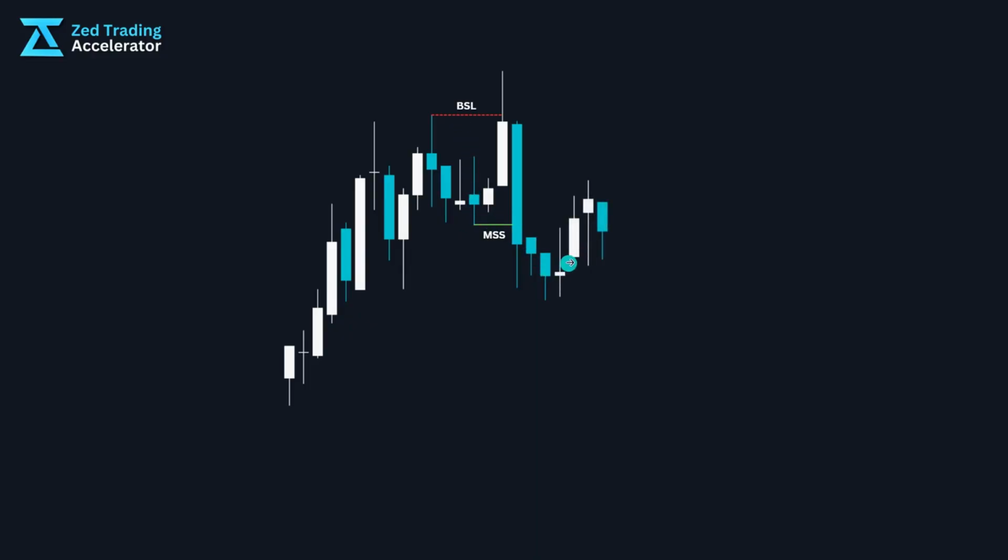Then the price retraced higher into this breaker block right here, overlapping into this fair value gap. Once again, this is a high probability setup. We can enter right here and aim for the nearest sell side liquidity. And there we have it.